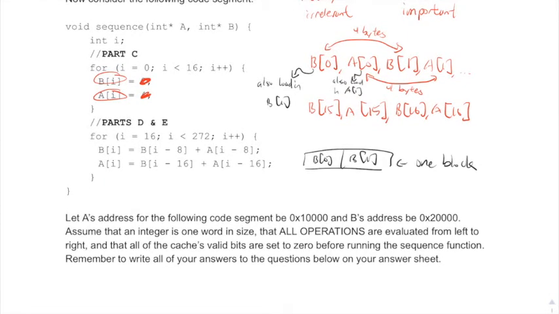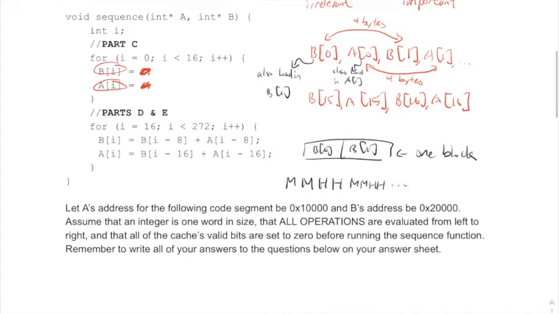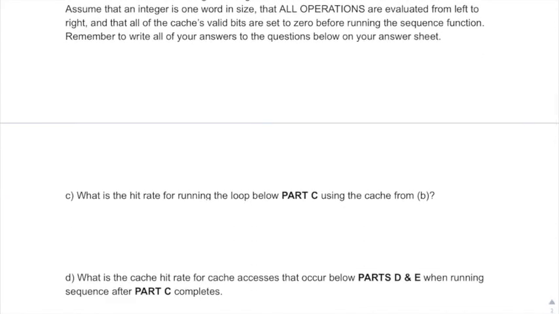Therefore, we can safely say that the cache access pattern is a miss, miss, hit, hit, miss, miss, hit, hit, and so on and so forth. Thus, the hit rate for running the loop below part C is 1/2.